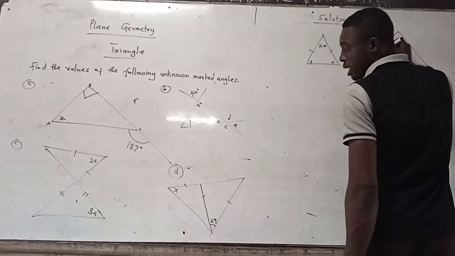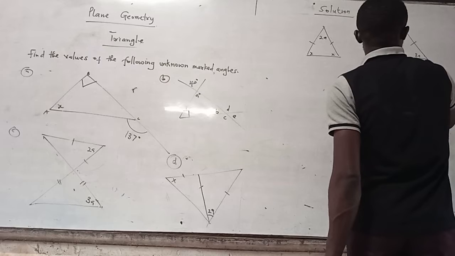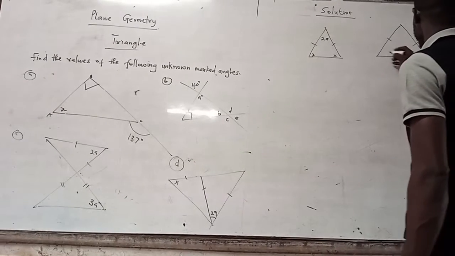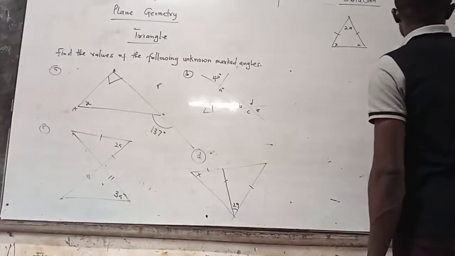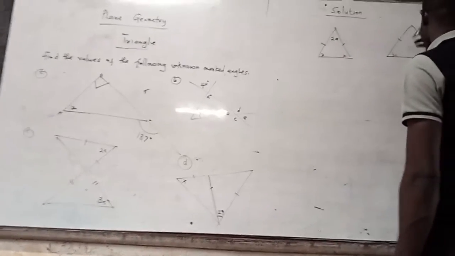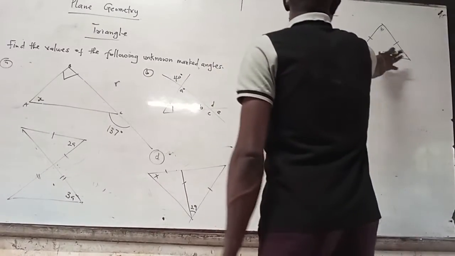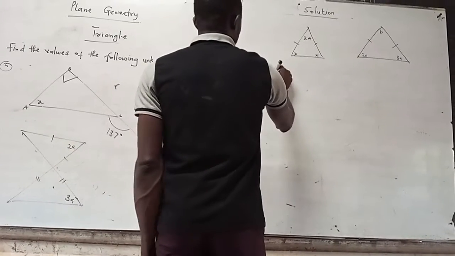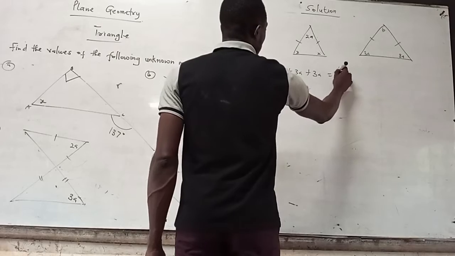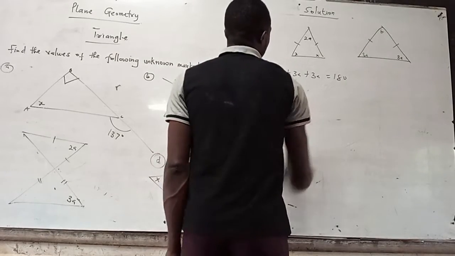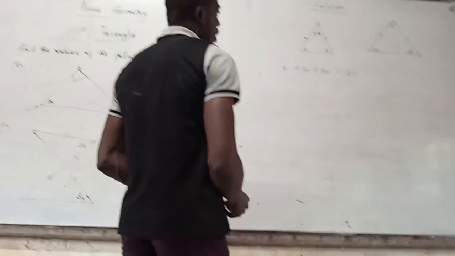We said that here is 3A. If this one is 3A, here is also 3A, and we don't know this side, so let's name it B. Let's work this one first. So B plus 3A should be equal to 180. If that is so, what can we do about this?